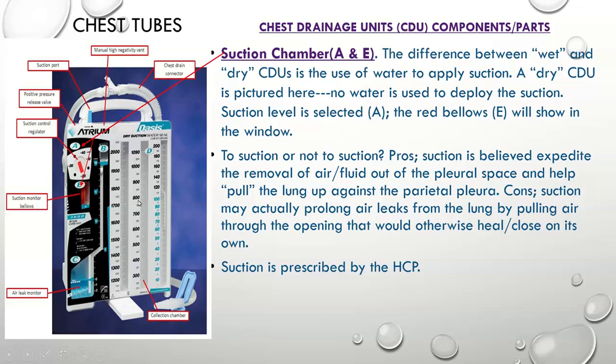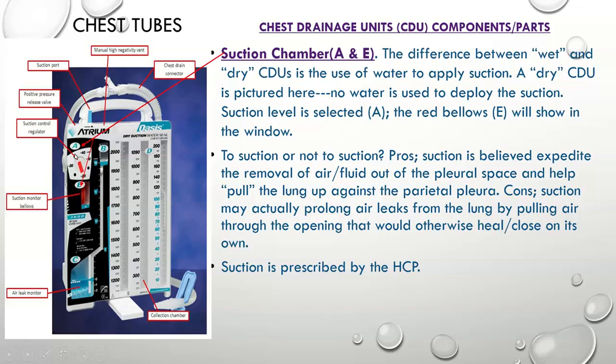I haven't seen a wet chest tube in 10 years. However, I have been told by some of the fellow faculty that some nonprofit hospitals or county hospitals may still have the wet, cheaper chest tubes. We're going to talk about the dry chest tube because that's what this one is.